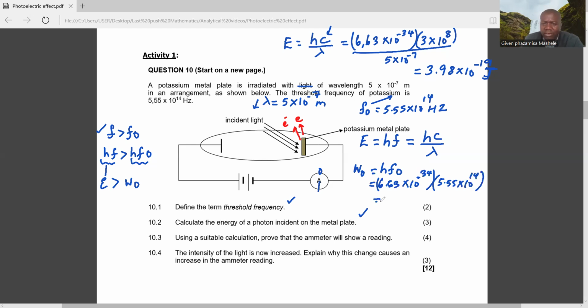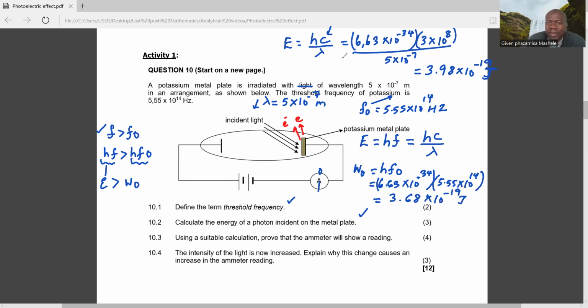Then let's multiply this: 6.63 times 10 to the power negative 34, multiplied by 5.55 times 10 to the power 14. This gives us a work function of 3.68 times 10 to the power minus 19 joules.